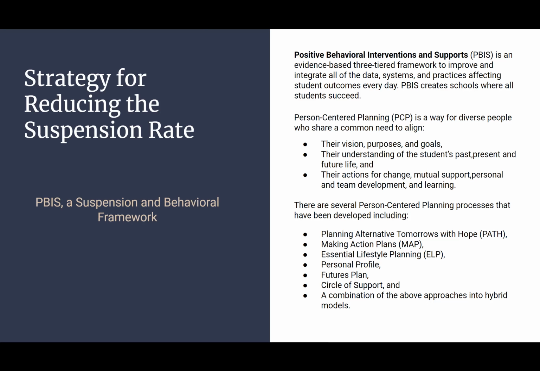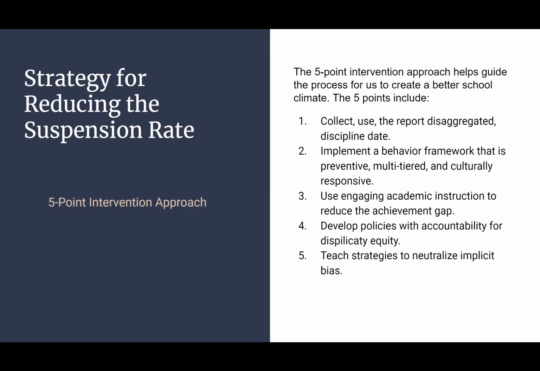So some of the ways staff and faculty will approach this is by using the 5-point intervention approach. This is a combination of the school principal, as well as the counselors and the school psychologist, as well as staff. The 5-point intervention approach helps guide the process for a better climate. And this really needs all hands on deck to be able to complete this.